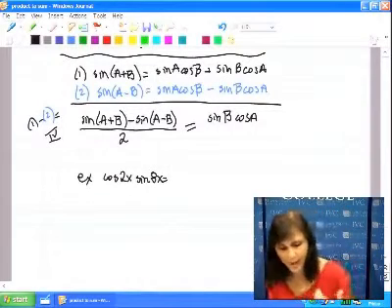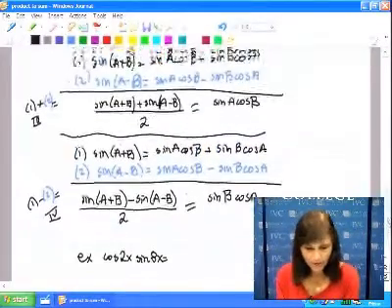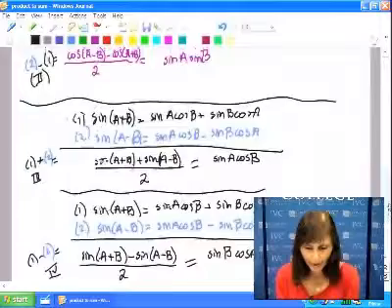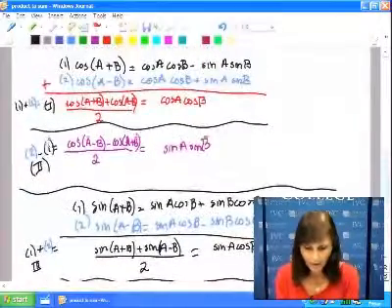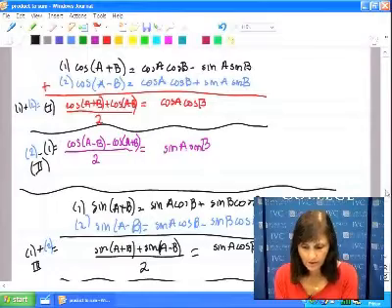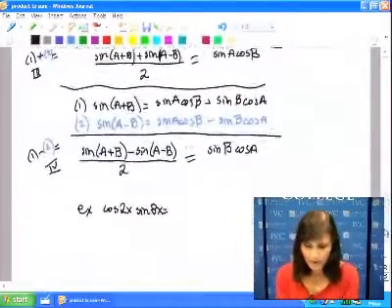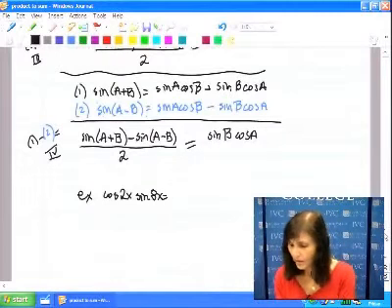What the heck was that formula? You just scroll back. This is the cosine one, number 1. Second is sine. Here we go. Sine A cosine B or sine B cosine A. You can use either one.